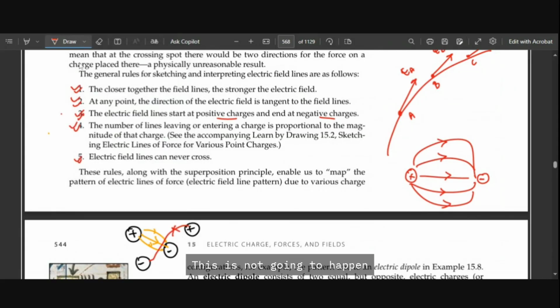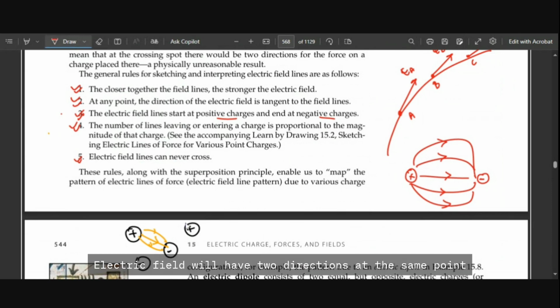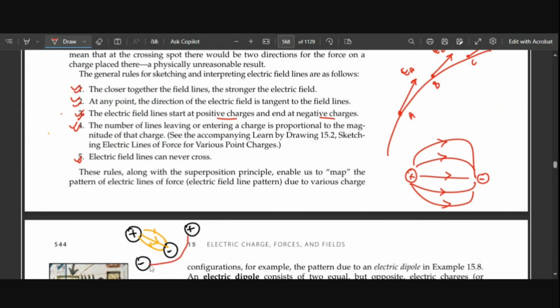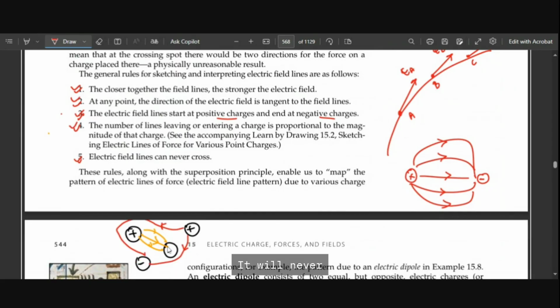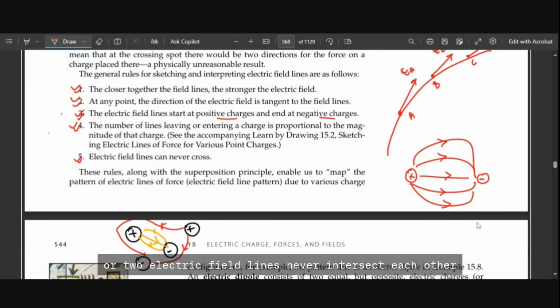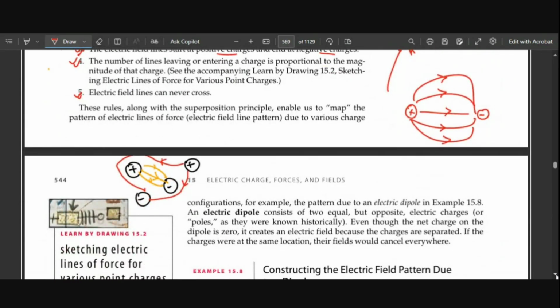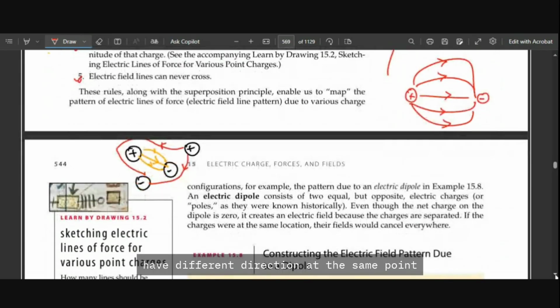This is not going to happen, because if it did, the electric field would have two directions at the same point. So electric field might exist like that, but two electric field lines never intersect each other. If they did, the electric field would have different directions at the same point, which is not possible. So again, that is something you need to remember.